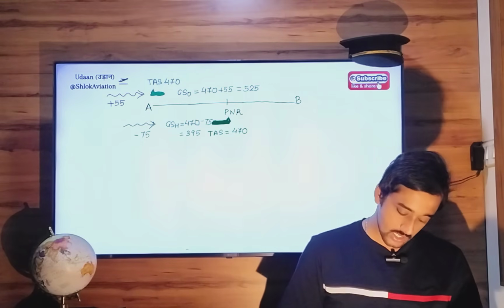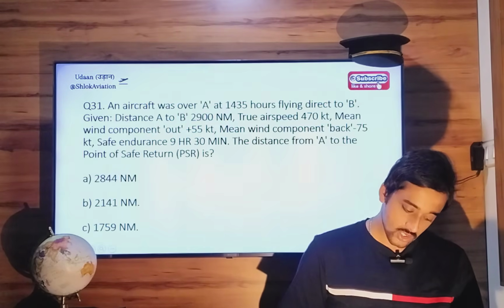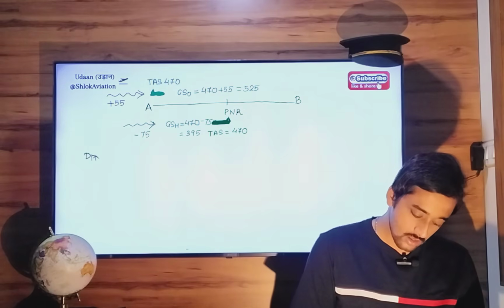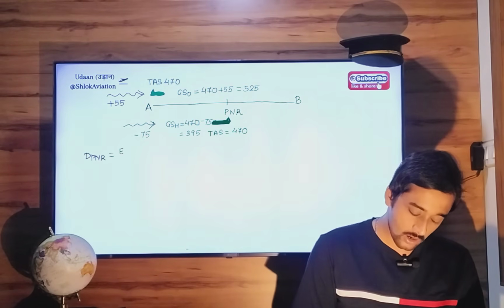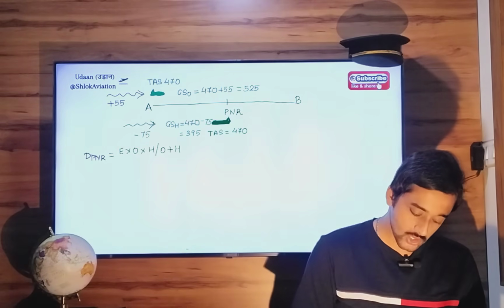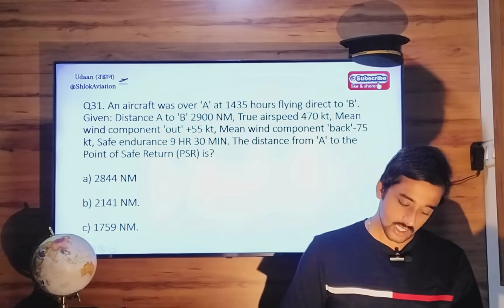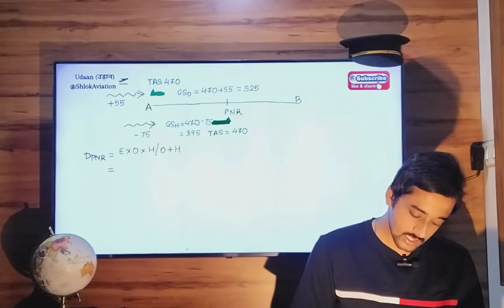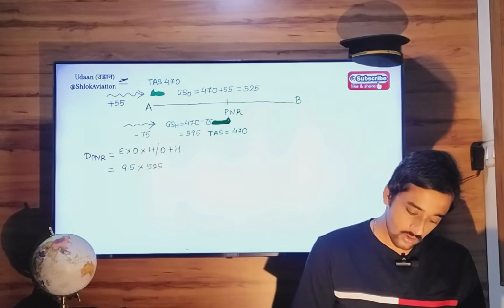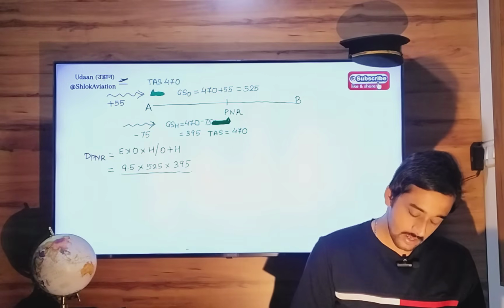Now we will use our distance to PNR formula, which is endurance into outbound speed into homebound speed divided by outbound plus homebound. Endurance is 9 hours 30 minutes. Outbound speed 525, homebound speed 395, divided by 525 plus 395.